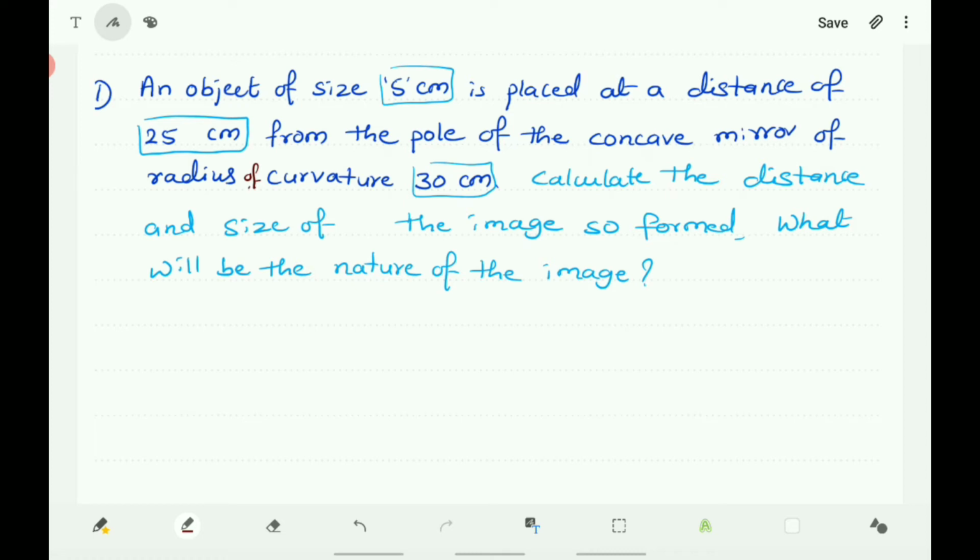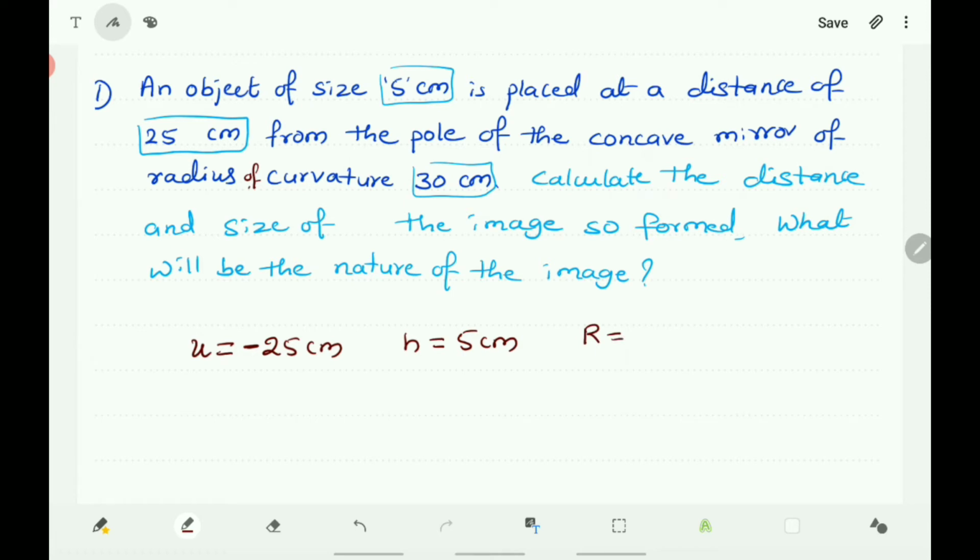Here you note down u, that is the object distance. Object distance is always taken as negative, that is u is equal to minus 25 centimeter, and size of the object h is equal to 5 centimeter, and radius of curvature r is equal to 30 centimeter.